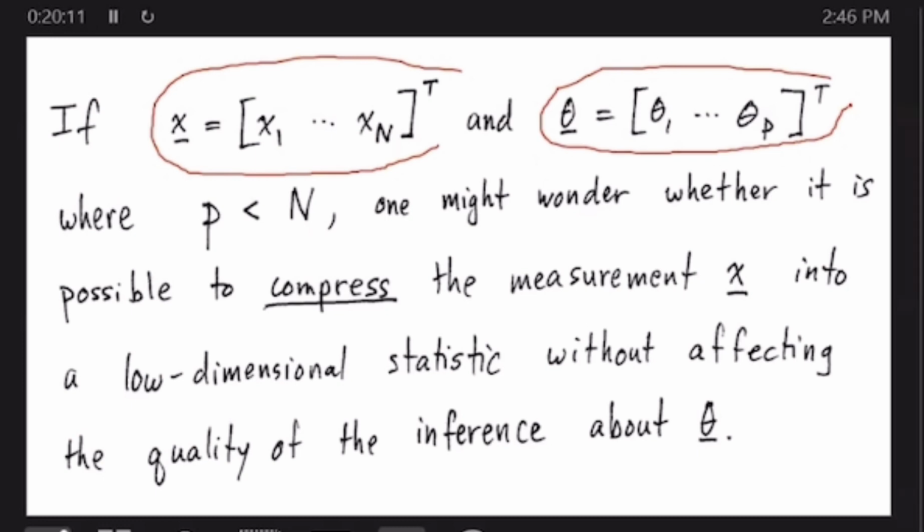Now take a look at this. I said one might wonder whether it is possible to compress the measurement. Compressing the measurement is to summarize your measurement. The estimator you are using is a way to summarize the measurement into a low dimensional statistic. You get a lot of data, right?